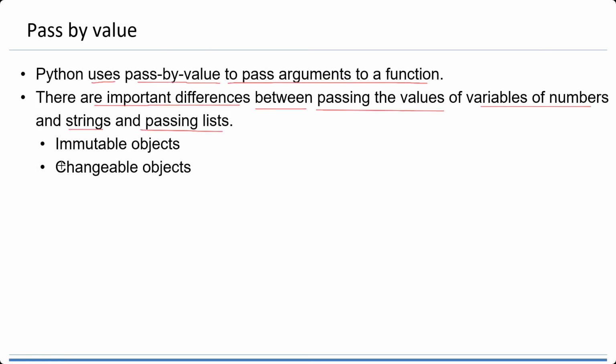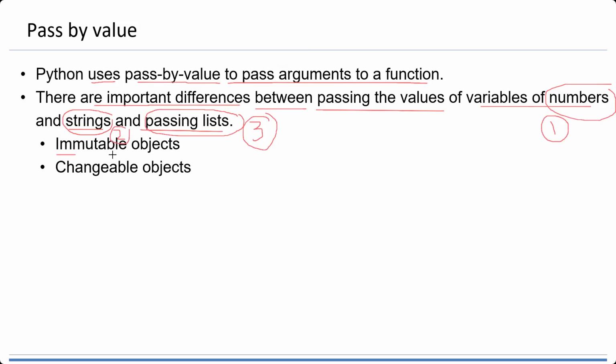Okay, so there are three. First, if you use numbers. Second, if you use strings. And third, if you use this. What is the difference?